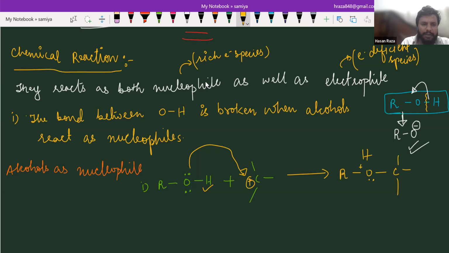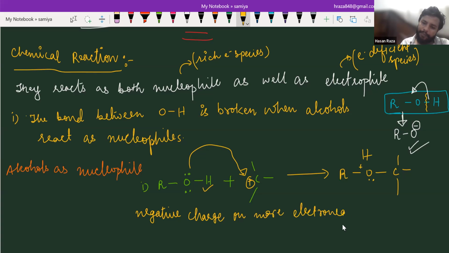Now, this is a very important point. Is a positive charge on oxygen stable or unstable? No. There is a very simple trick: always remember that a negative charge on a more electronegative element is stable.